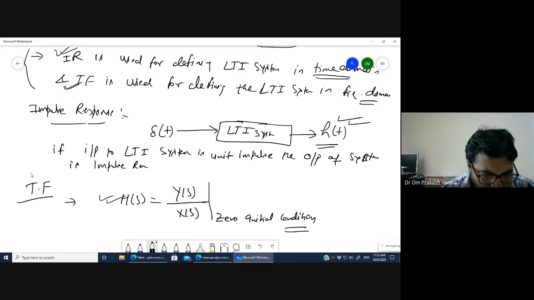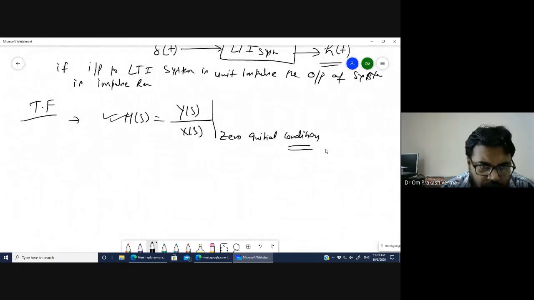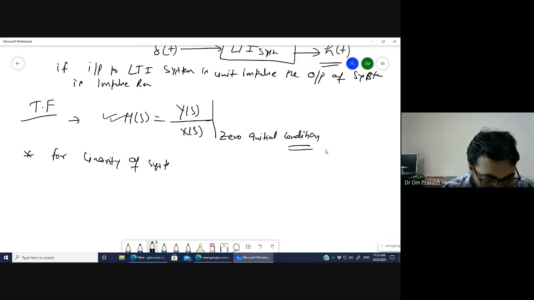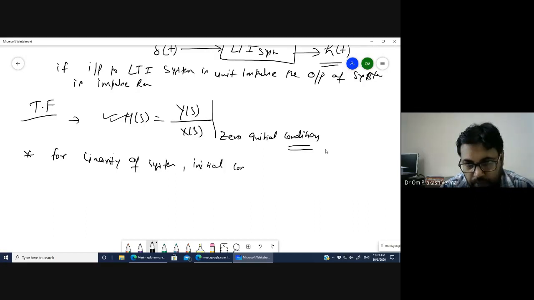Okay, so just to write the point, as I already told you, for linearity of the system, initial conditions are assumed to be zero.